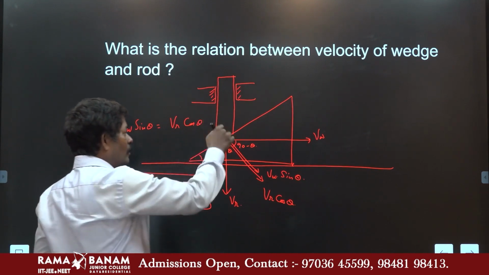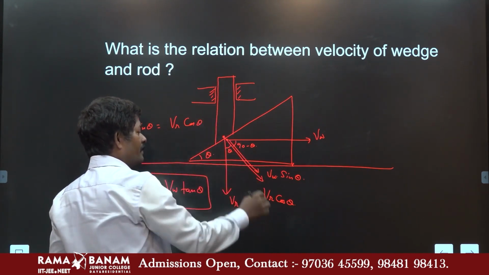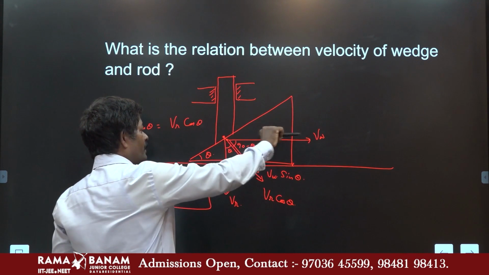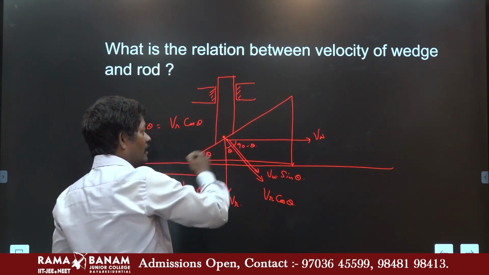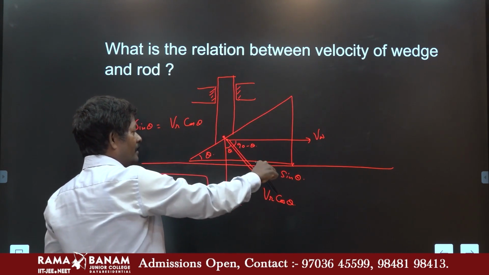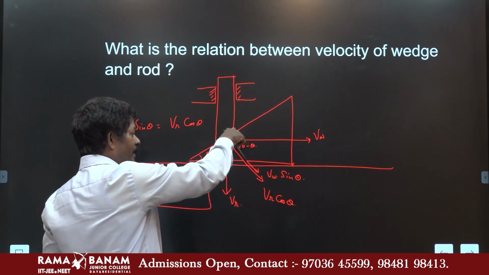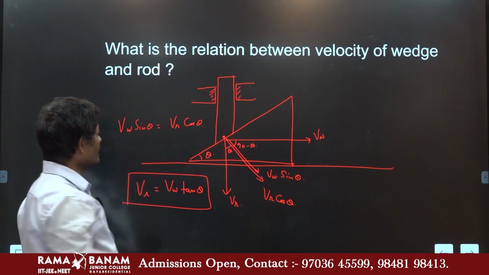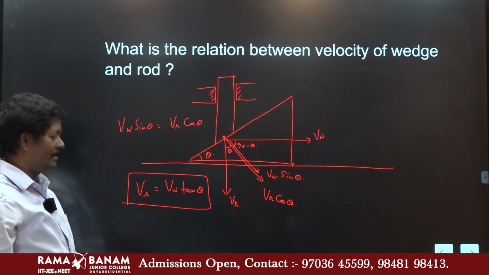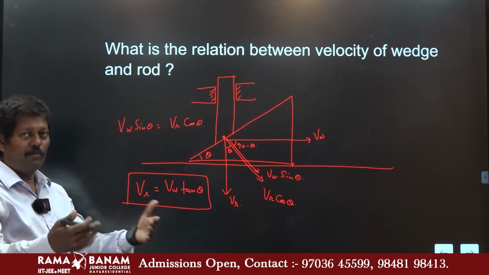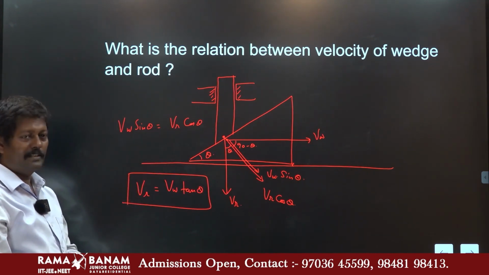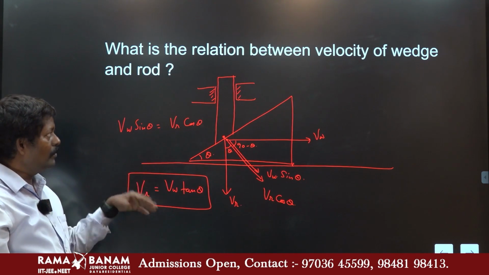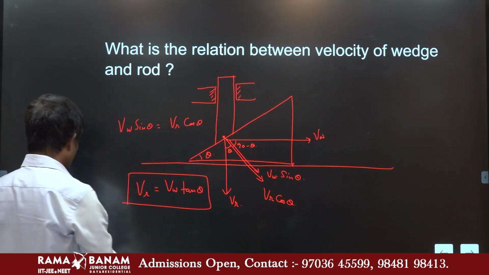The velocity of the rod perpendicular to the surface is VR cos theta, and the velocity of the wedge perpendicular to its surface is VW sin theta, that is VW cos of 90 minus theta. They have to match, and after matching we get this relation. This is the very best technique to do the problem. One more example we will take, then you can understand.